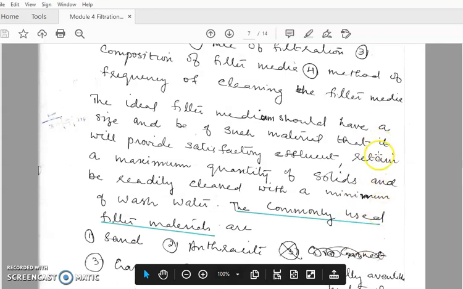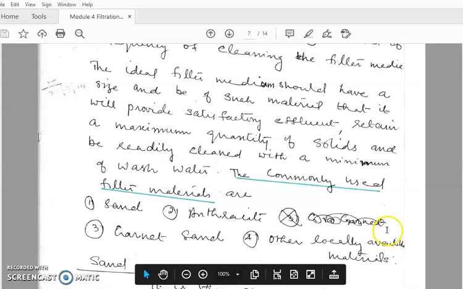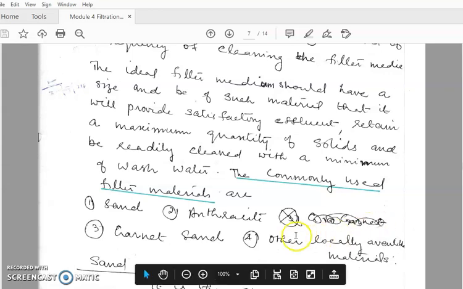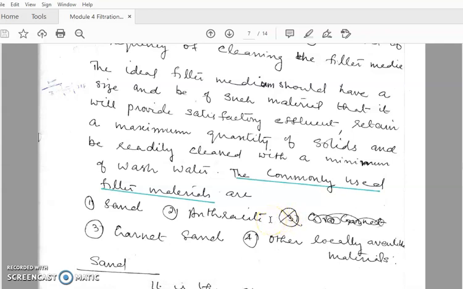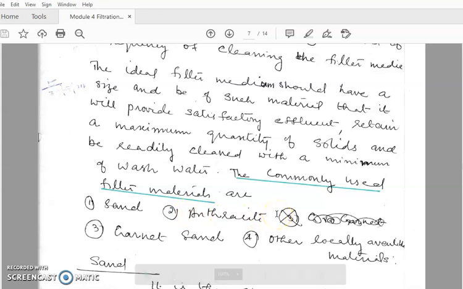Since sand has got these two prerequisites. Now another filter media is used in some international or developed countries: anthracite. It is not a natural material, it is a byproduct, an industrial product, and it is available in certain countries, in certain plants, so they use it there.